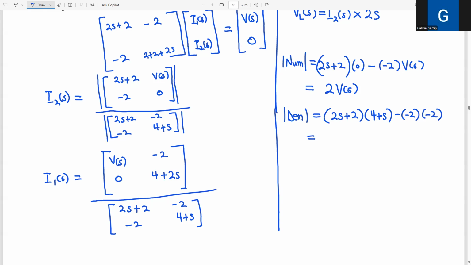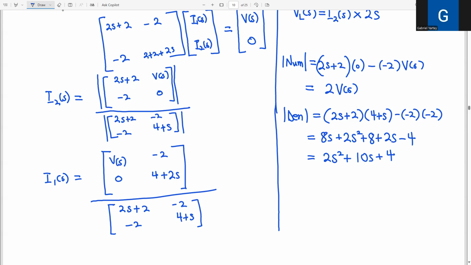And I expand. I get 8S plus 2S squared plus 8 plus 2S minus 4. I group like terms: 2S squared plus 10S plus 4.